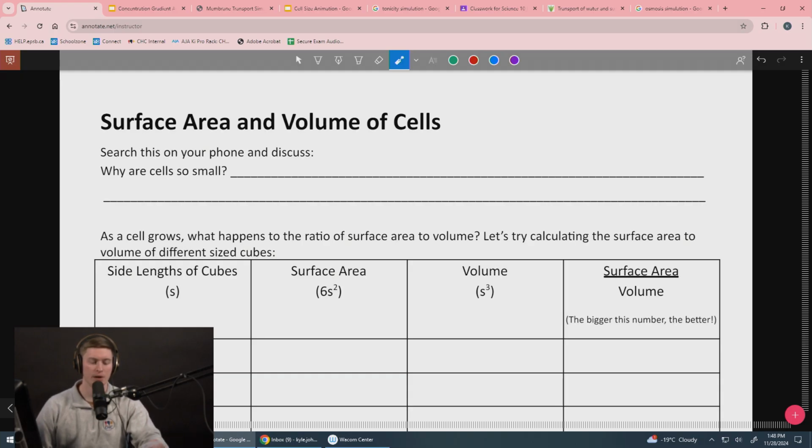Last thing to talk about in this topic, surface area and volume of cells. The question asks, why are cells so small?